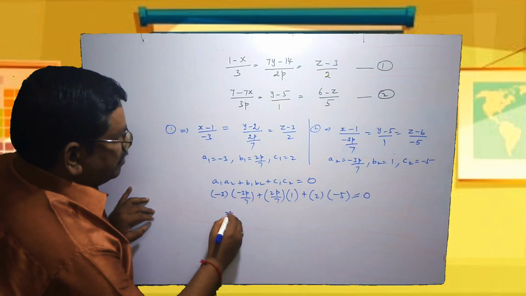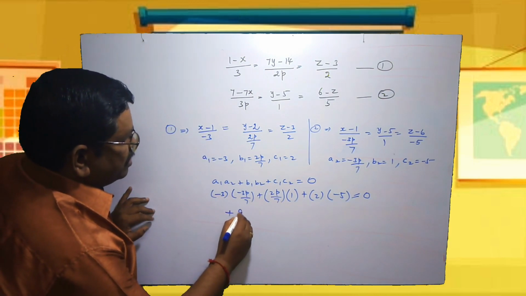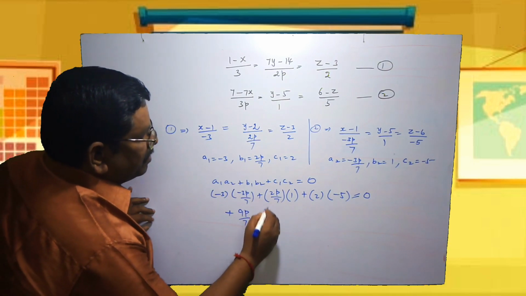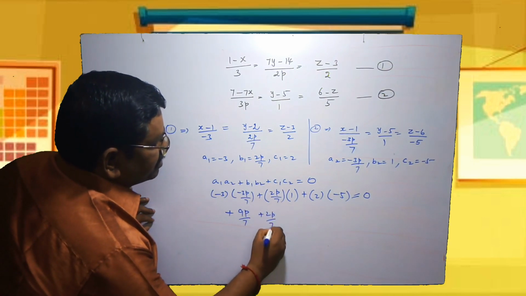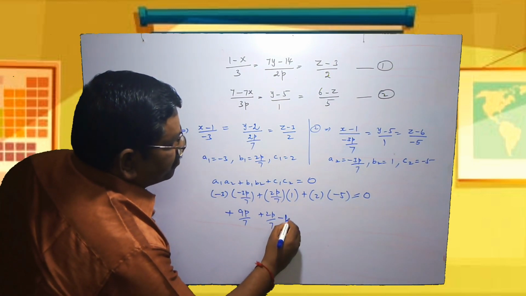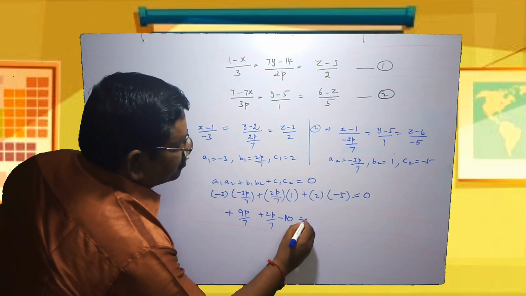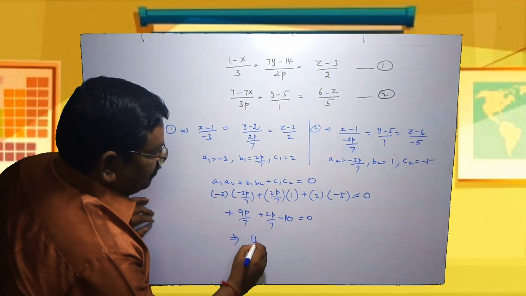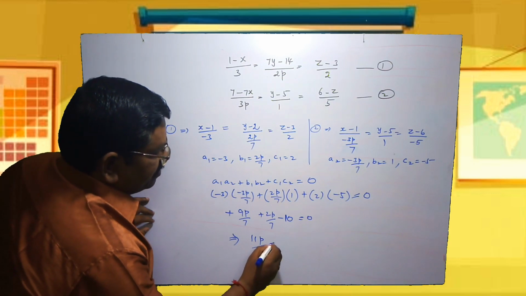Now simplify. Minus into minus is plus. 3 threes are 9, so 9p by 7. Here it is 2p by 7. Here plus into minus is minus, that is minus 10 is equal to 0. Here the total is 11p by 7.